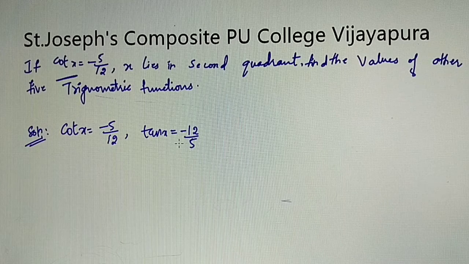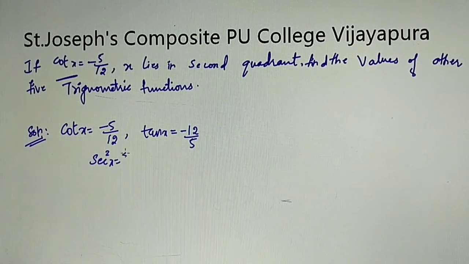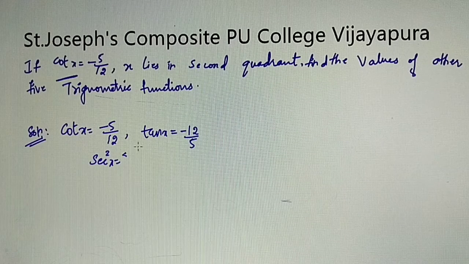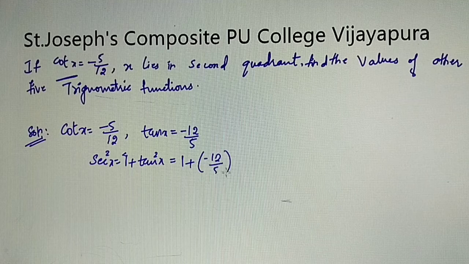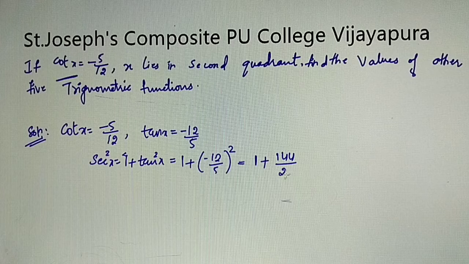And now we have to find the other trigonometric functions. So here we have one relation between sec x and tan x, that is sec square x is equal to 1 plus tan square x, which is equal to 1 plus minus 12 by 5 whole square, which is equal to 1 plus 12 square is 144 divided by 5 square is 25.